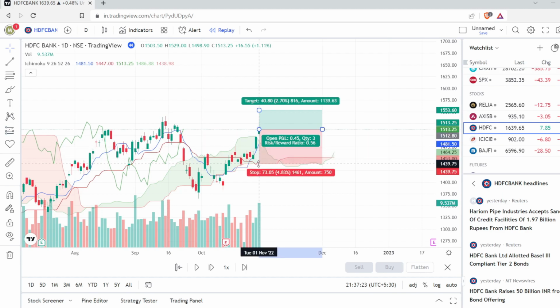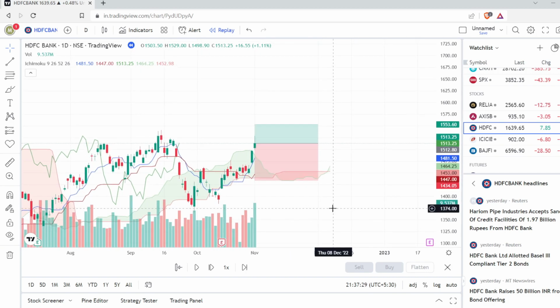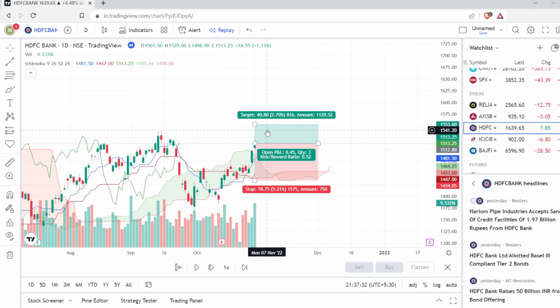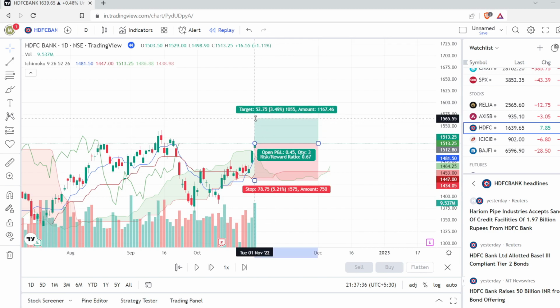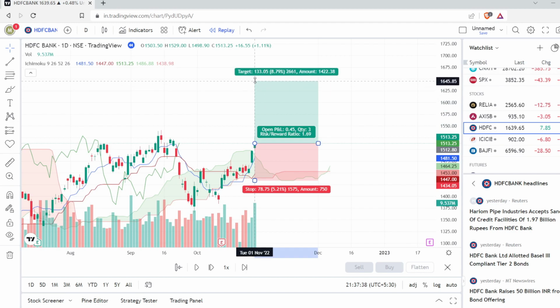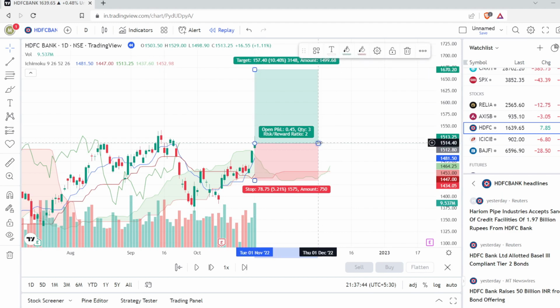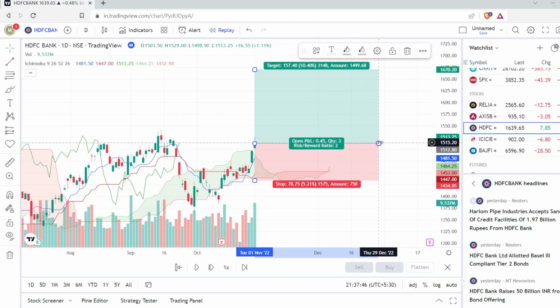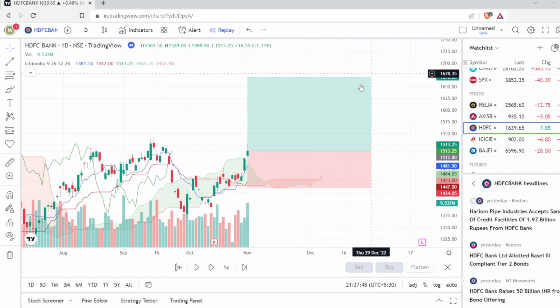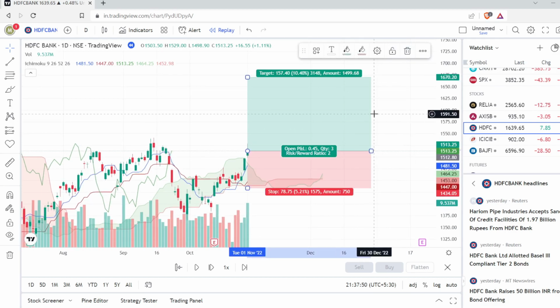Your stop loss, mind it, would be below the Kumo cloud, and typically what works in Ichimoku cloud is a risk reward ratio of 2, right? So your profit should be 2 times your risk. If you had taken this trade, let us see if your trade would have worked or not, right? Let's play this.